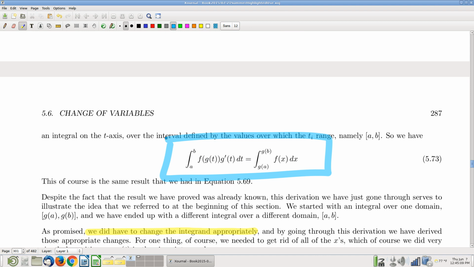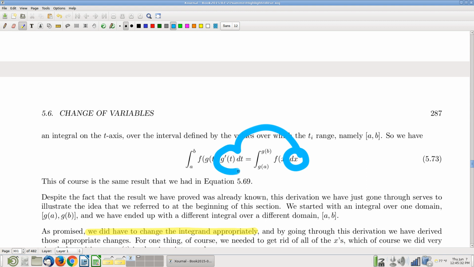All right, so there's 2 points of view that I want you to take away from what happened. One is that most of this is just plugging in. It's easy to keep track of, so just remember that x is g of t. That literally is just plug in. I mean, that's very straightforward. But 2 things you have to remember. One is how to rewrite the differential, and specifically, it gets stretched out.